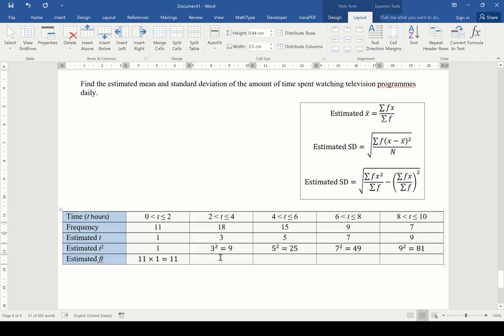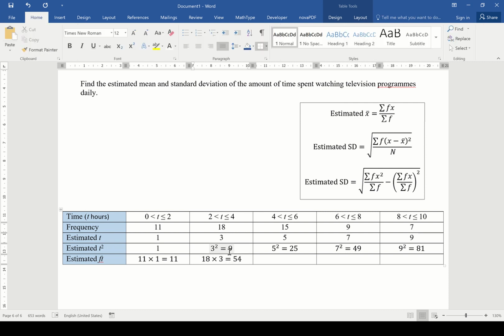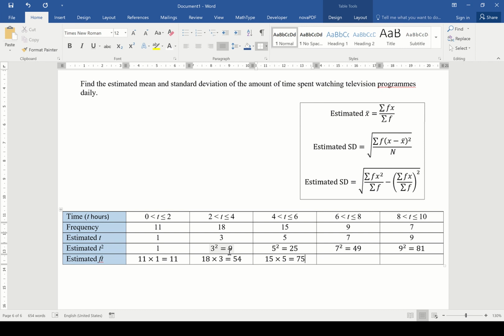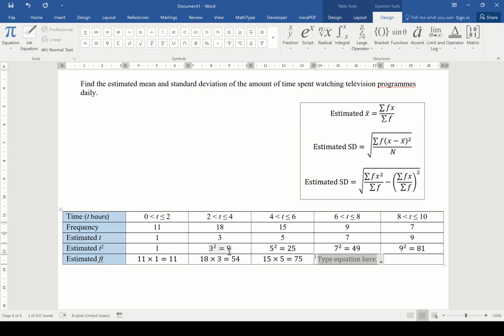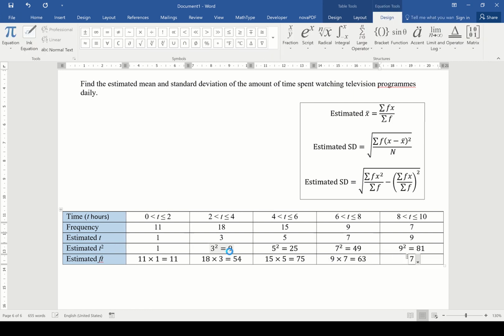Right. So we will have 18 times 3, which is 54. 15 times 5, which is 75. 9 times 7, which is 63. And 7 times 9, which is also 63.